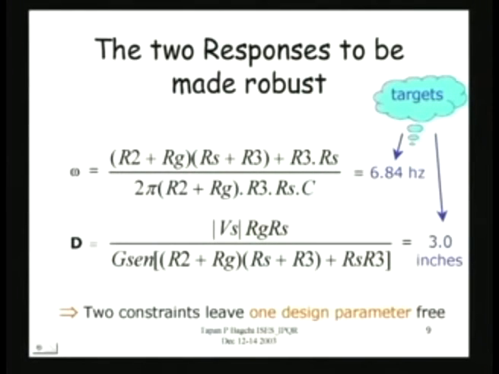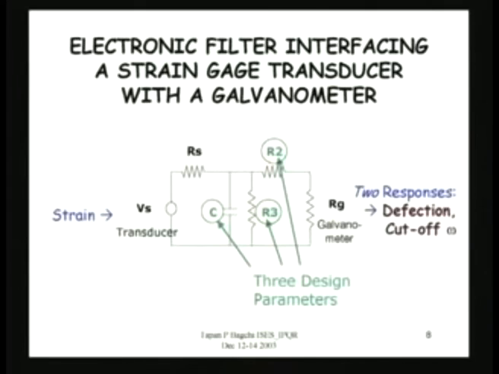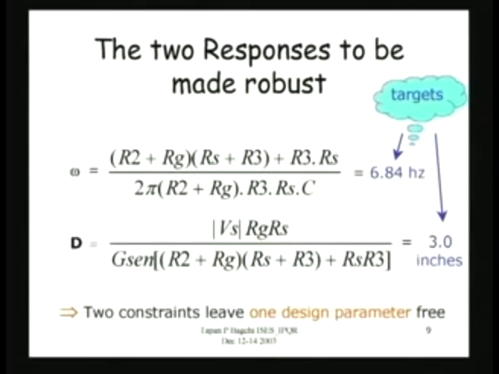It turns out, if you get into electrical engineering, you can find those conditions there, you've got these design values, these different component values. If you do circuit analysis, you'll be able to derive the expression for omega. You'll also be able to derive the expression for D, the deflection. These are not very difficult to do for electrical engineers.